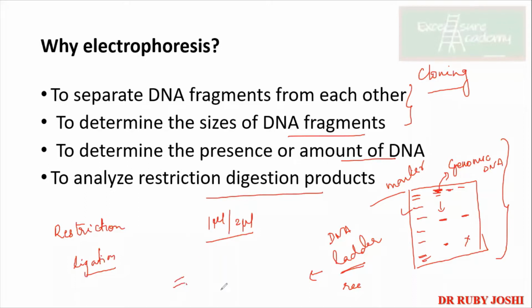Basically, we don't go with the intensity-based DNA concentration. I have mentioned in the previous lecture how to understand the quality and the concentration of the DNA. We go for the nanodrop. This will give you the correct measurement of how much there should be.